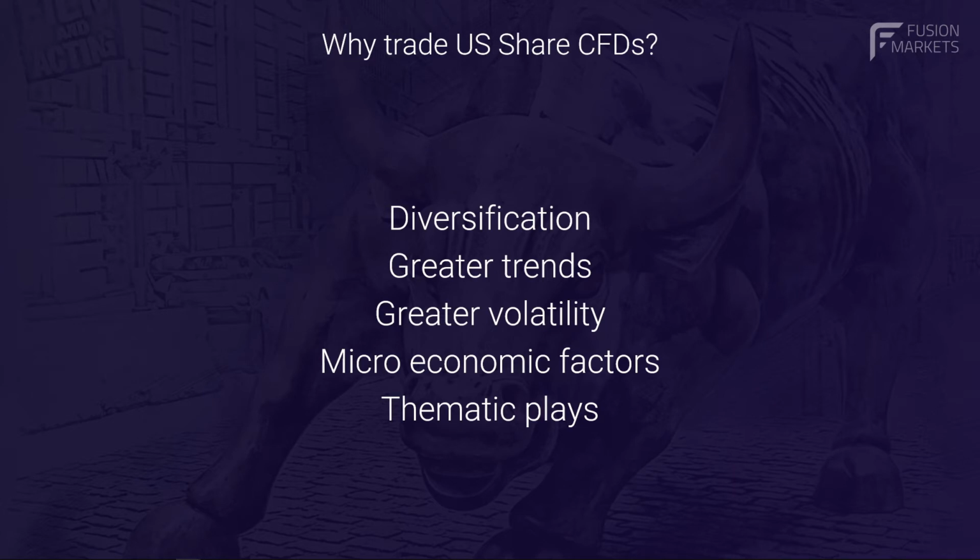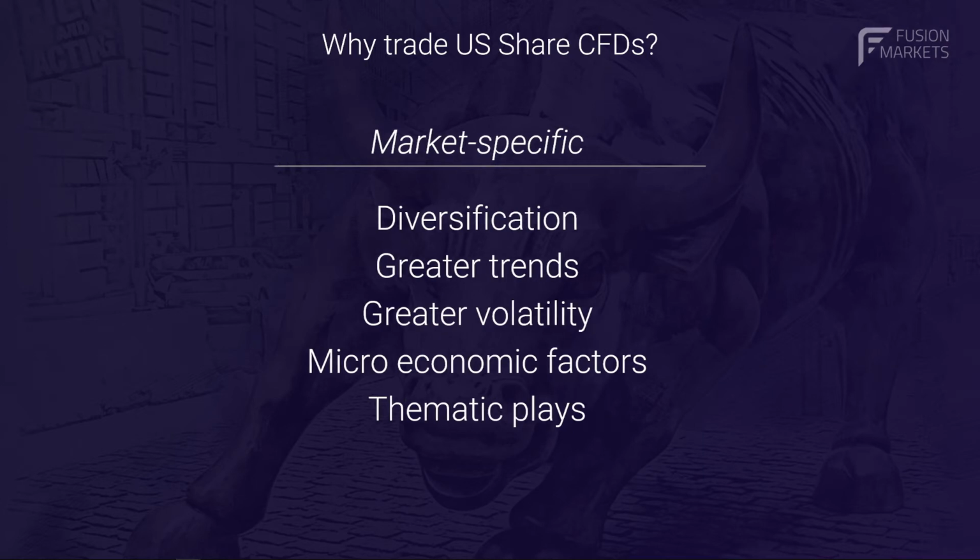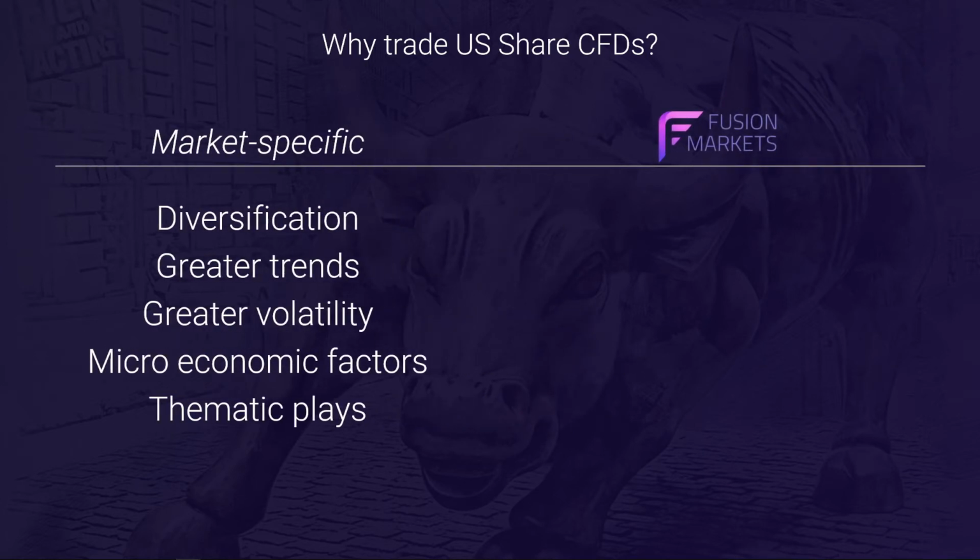Again, this is all according to your trading strategies and your approach to the markets. But at least for some, these are real benefits that come with trading US share CFDs, or in fact, these are more specific to the market as a whole. When I say that, I mean they're specific to the US equity markets, or perhaps the equity markets as a whole. So let's have a look at some of the other benefits to take into consideration.